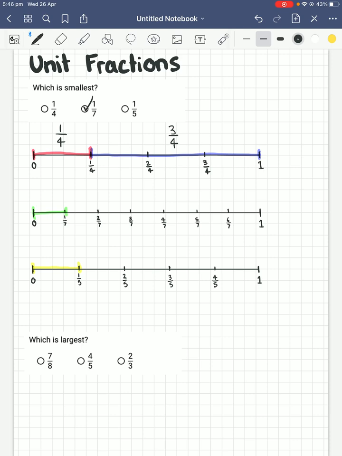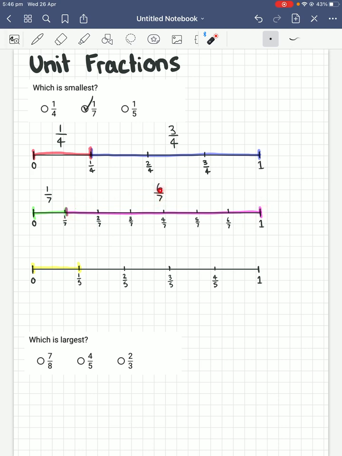And it's the same here. If I know this is 1/7 over here, then the remaining section has to be 6/7, right? Because I'm just subtracting 1 unit, which means I'll have 6 units left out of a total of 7 units. And you might notice that the smaller the unit fraction is, the larger the remaining section is.